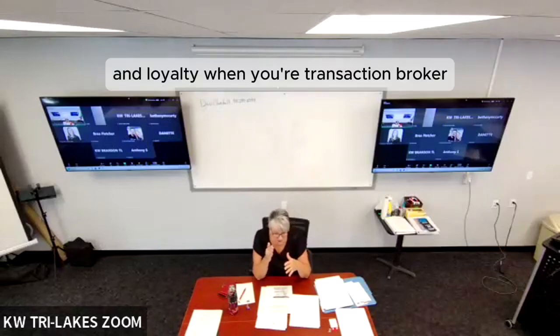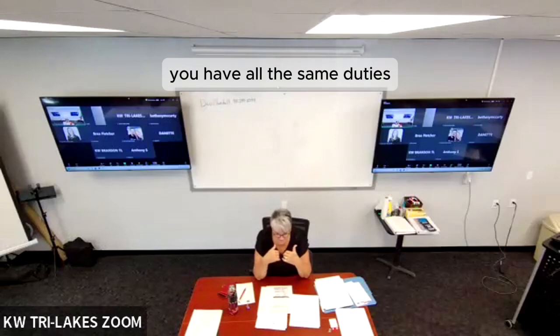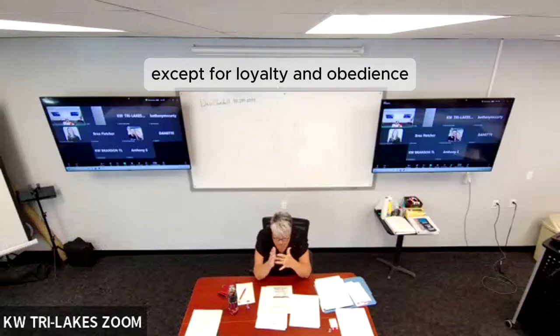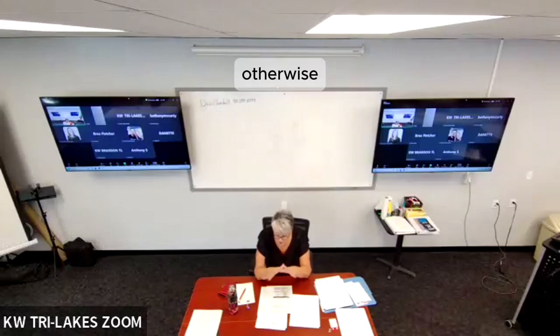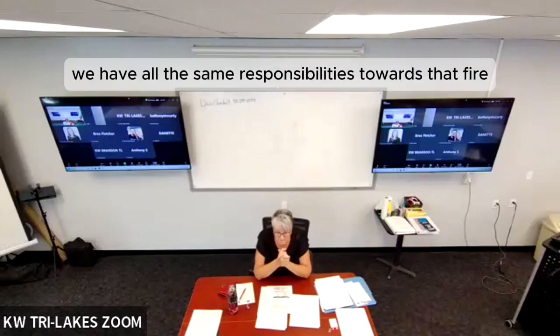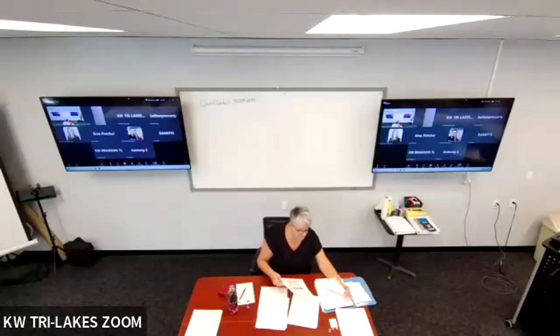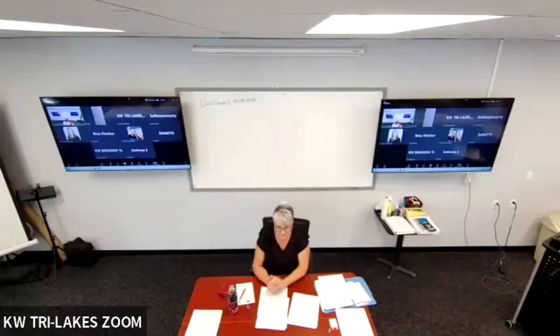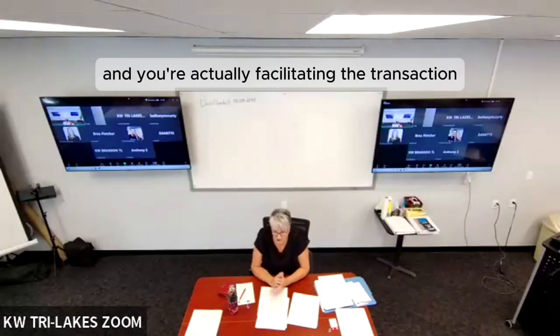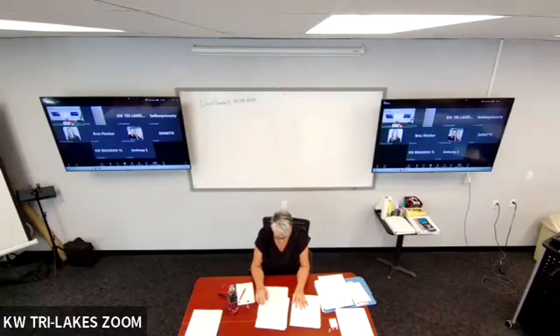When you're a transaction broker, you have all the same duties except for loyalty and obedience. Otherwise, you have all the same responsibilities towards that buyer. And you're actually facilitating the transaction.